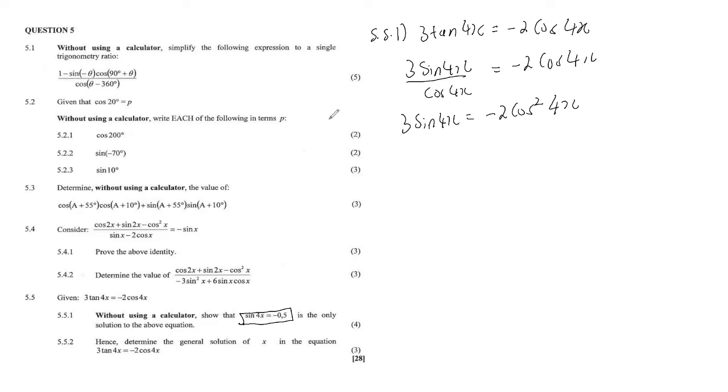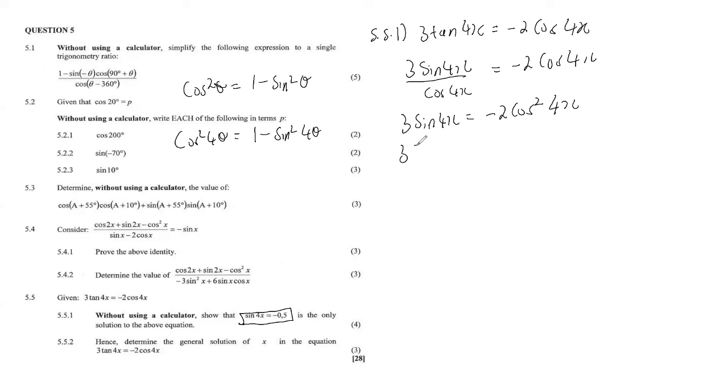But then remembering our grade 11 trig identity, we know that if we have cos squared theta, then this breaks down to 1 minus sine squared theta. So it's the same thing. Even if you had cos squared 4 theta, it will break down to 1 minus sine squared 4 theta.